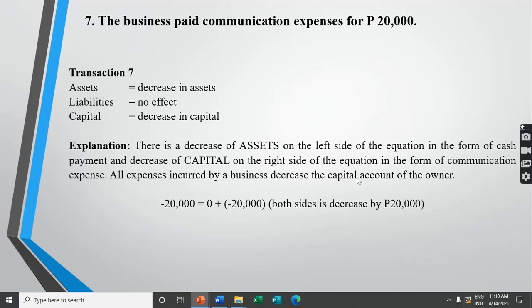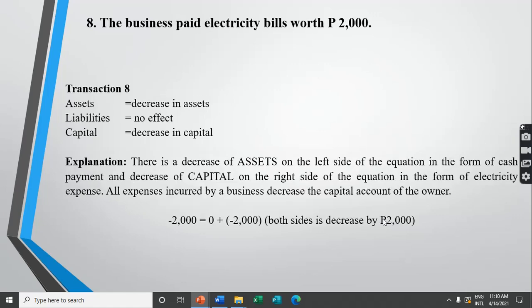So, both side decrease by 20,000. Okay? Number 8. The business paid electricity bills worth 2,000. So, nagbayad si business ng electricity bill worth 2,000.